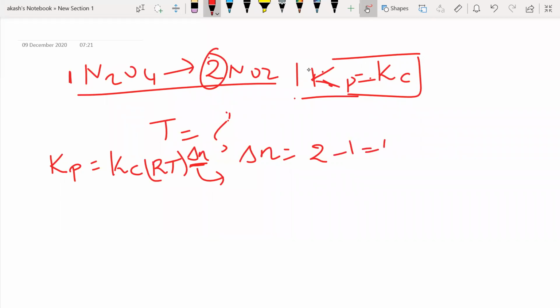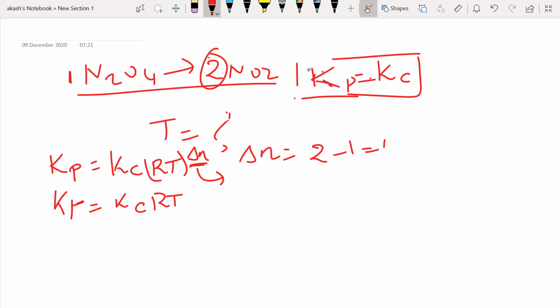So basically, for this particular case, Kp will be equal to Kc RT, because delta N is 1.